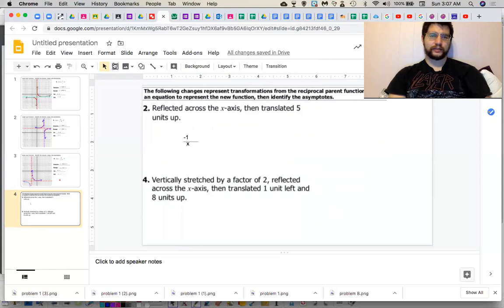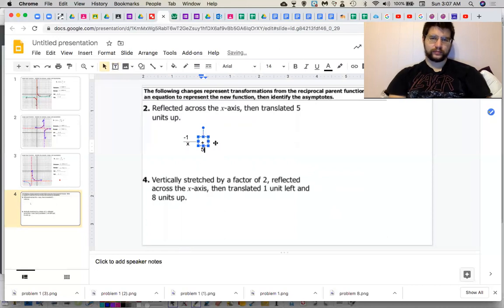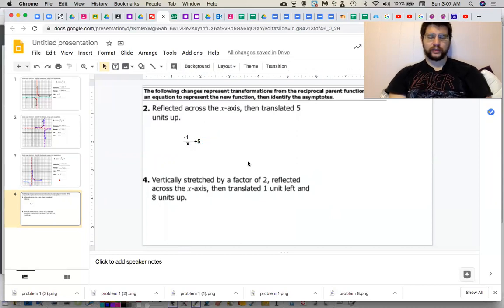So that's going to be +5. Something like that will work. Vertically stretched by a factor of 2. So then you put a 2 on top. Reflect across the x-axis, that's a -2.